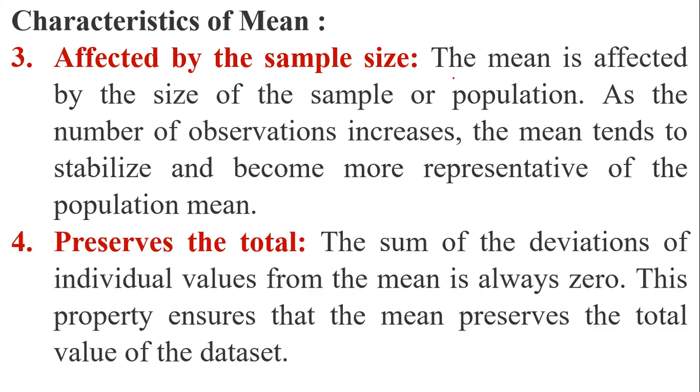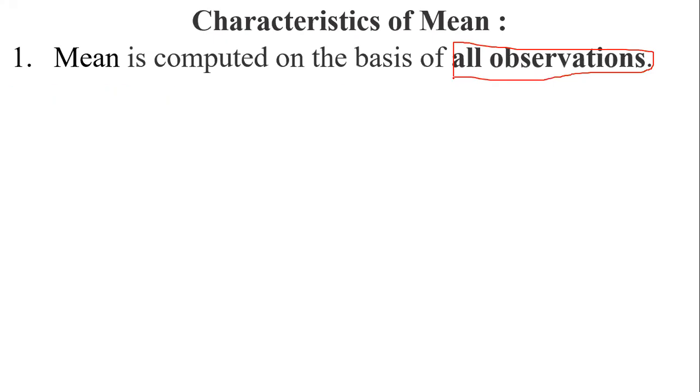Number 4, mean preserves the total. The sum of deviations of the individual values from the mean is always 0. When you take the mean and subtract it from these values, let me just show something here.